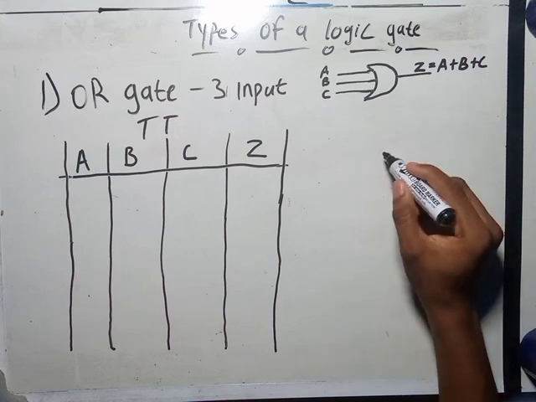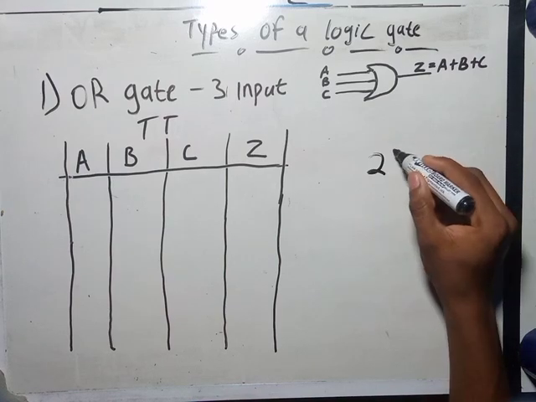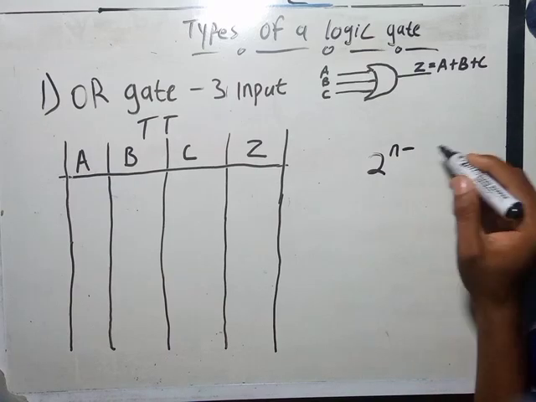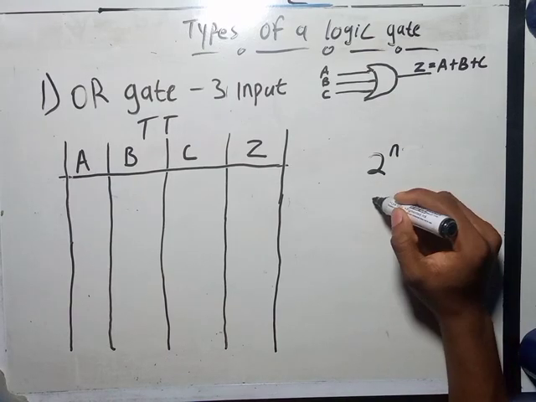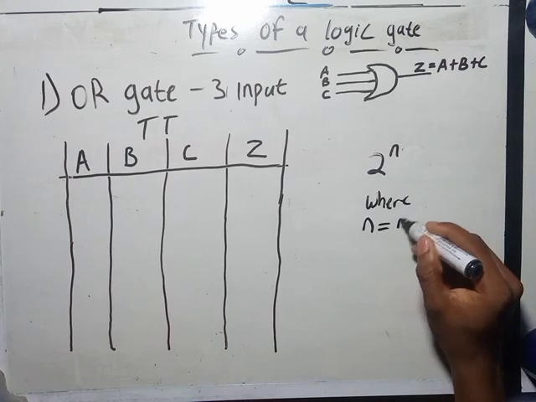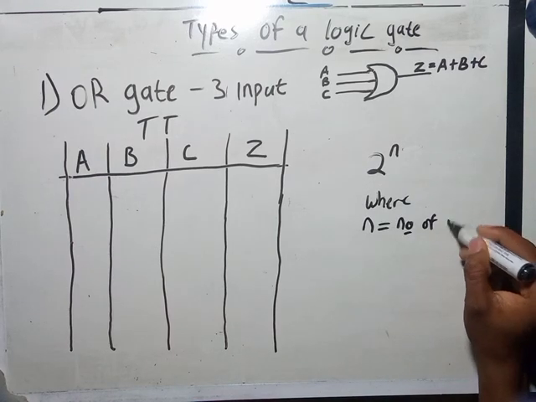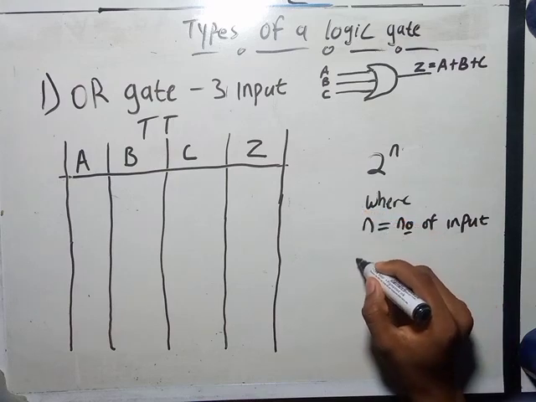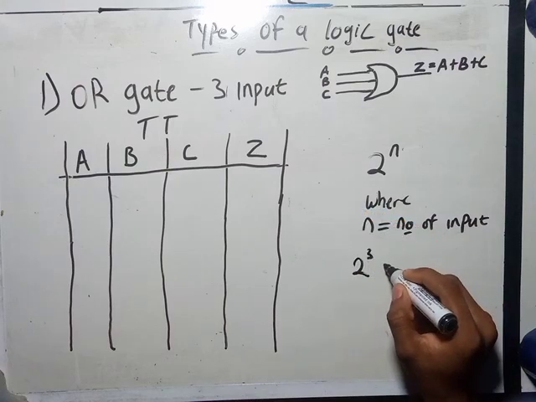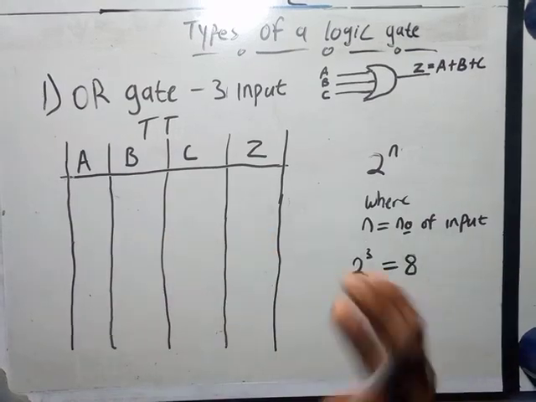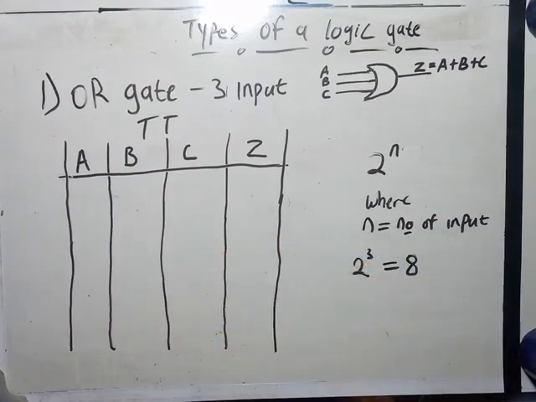How we get this is using the formula 2 raised to power n, where n is the number of inputs. So in this case, our n is 3. We're going to have 2 raised to power 3, which gives us 8. So we are going to have 8 ways our input can vary.